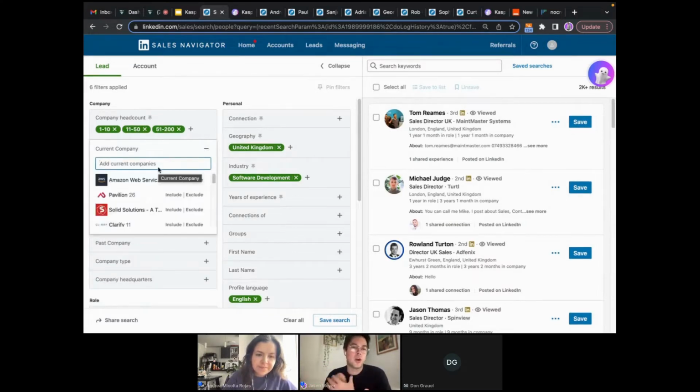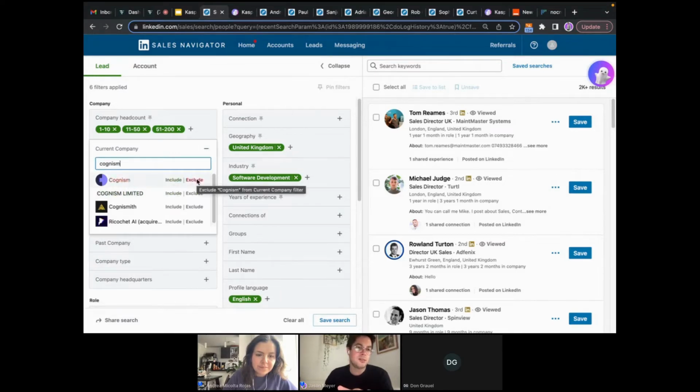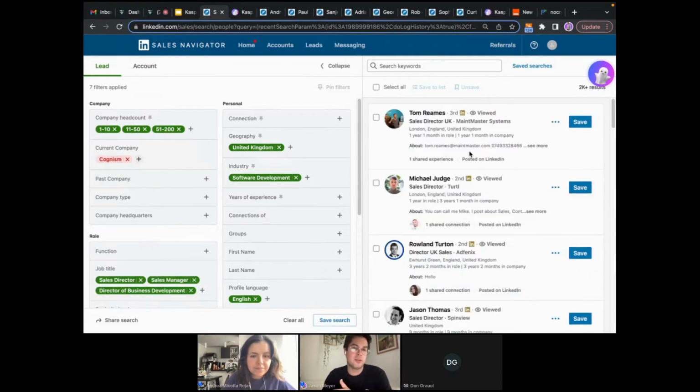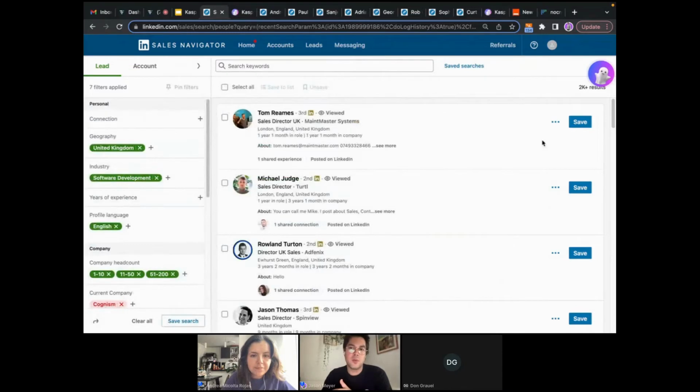I'm going to choose our holding company, which is Cognizant, and I want to source people that are not working for Cognizant. So in that case, everybody that's working for this specific company will not be included within my search list. And as we can see, we went from several thousands to 2,000 people. Here's the result right here.